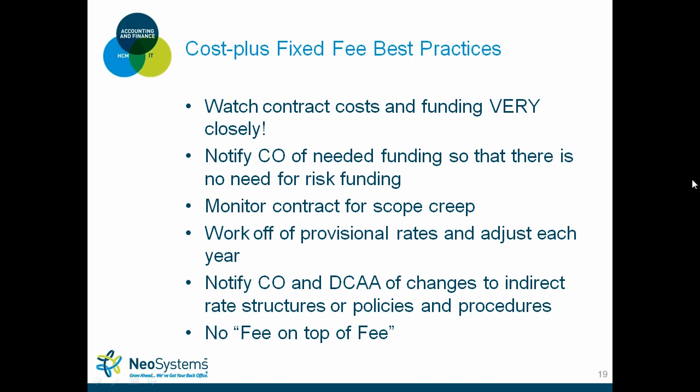And then to piggyback off of that, no fee on top of fee. A lot of small to mid-sized government contractors make this mistake when they get awarded cost-plus work. In an instance where you have subcontractors, and let's say you offer the subcontractor cost-plus type work as well, they're going to build in the raw labor plus fringe and any other indirect burdens that they have, and then they're going to put fee on top of their costs, right?